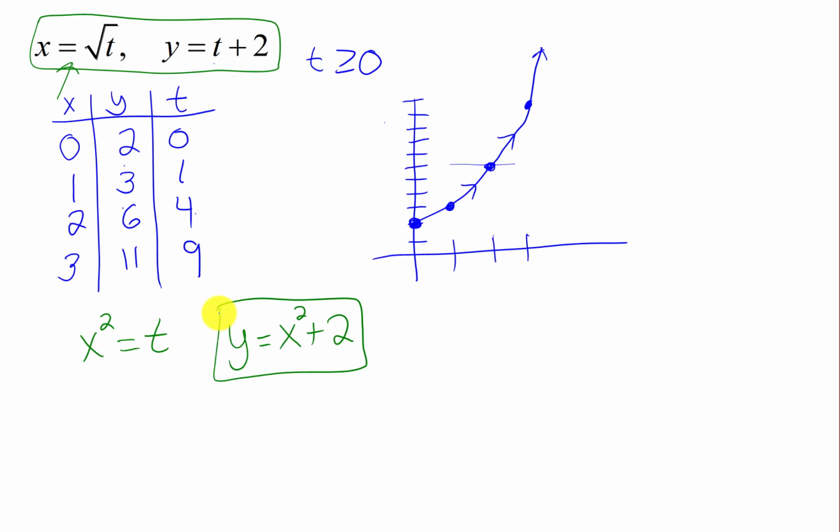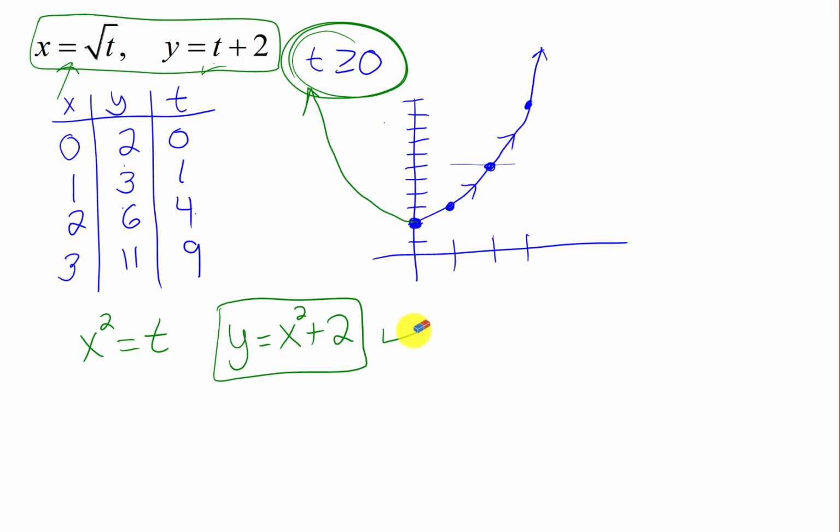And if I think about what that graph is, that is a parabola that is shifted up 2. So it would look something like this if I graph just this equation that I have right here. However, the thing I've got to remember is they were defined parametrically here to begin with, and so this restriction on t was important there, and that's why we only got this right half of the parabola.